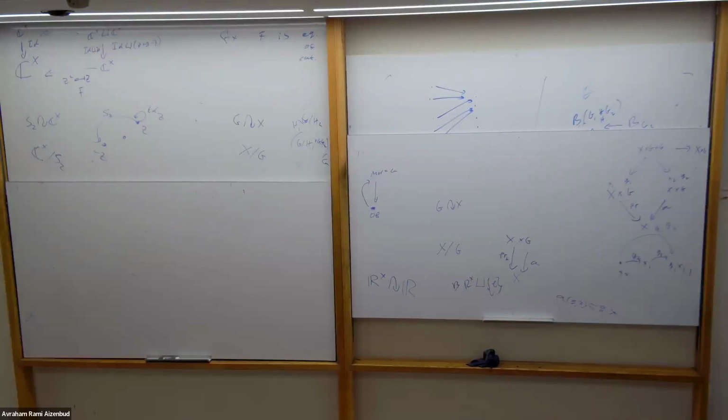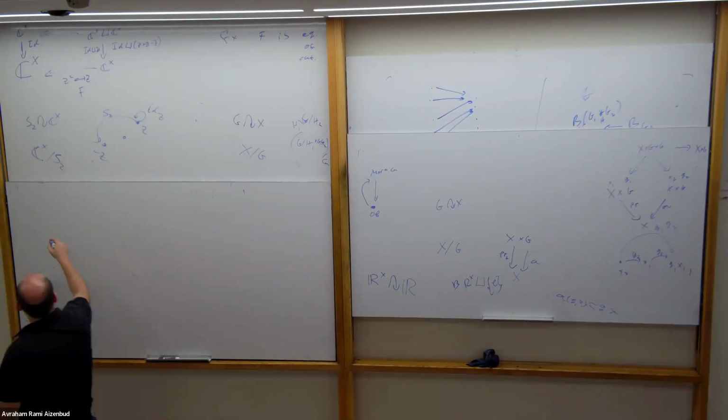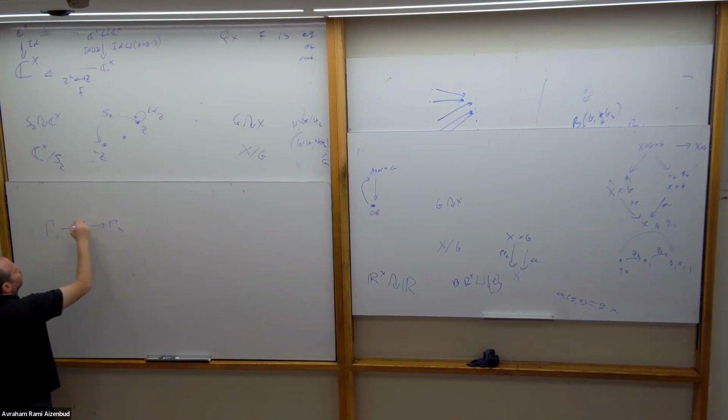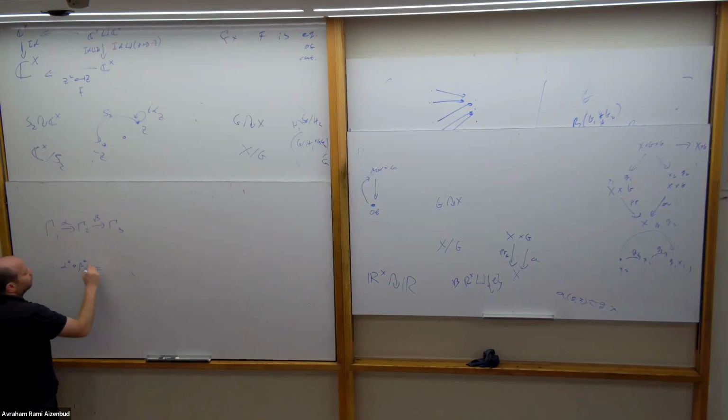One thing that I didn't say, but it's kind of obvious: if you have three functors, gamma 1, gamma 2, gamma 3, beta, and then you first perform beta star and then perform alpha star, this functor is canonically isomorphic to first performing alpha and then performing beta.